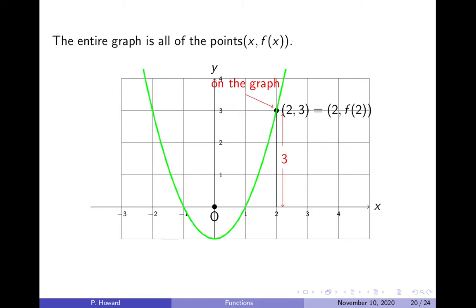How do you go about actually graphing a function? Well, one possibility is to find several points on the graph and then connect with a smooth curve. Basically, you would be trying to guess what happens in between the points that you found.